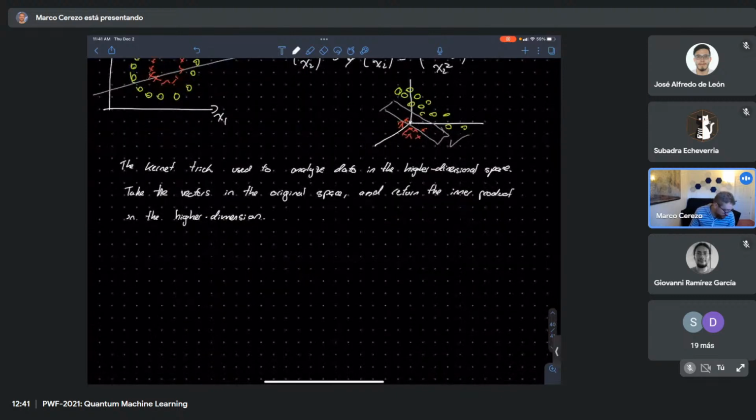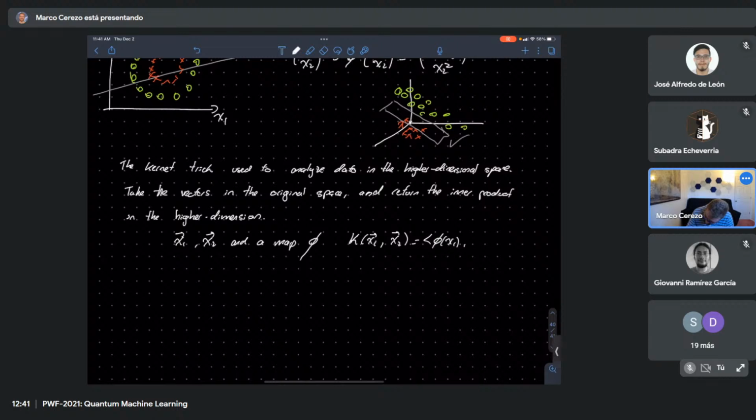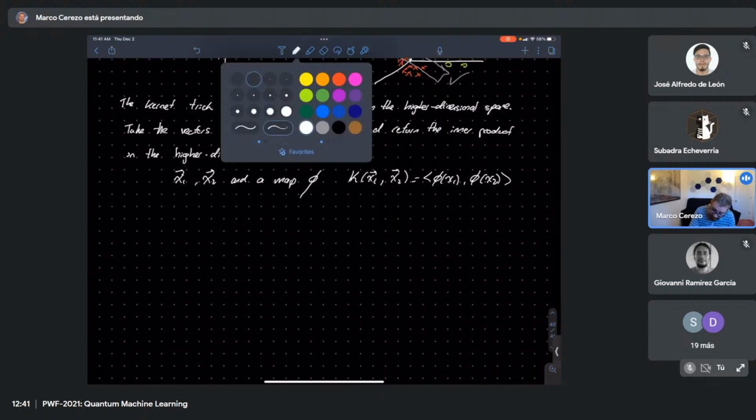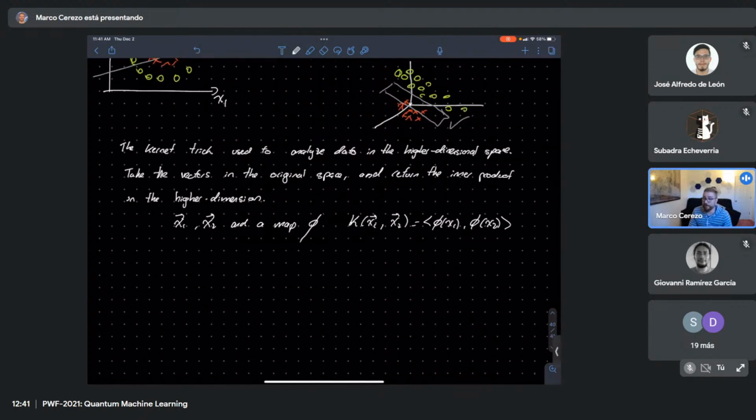And of course, this is usually denoted as follows: if we have data x1, data x2, and the map phi, we can build this kernel, usually denoted like this, k of x1, x2, which is just the inner product between phi of x1 and phi of x2. Why is this enough? Because the main idea is that in this higher dimensional space, we still need to solve an optimization problem, right? We still need to find where that line is.